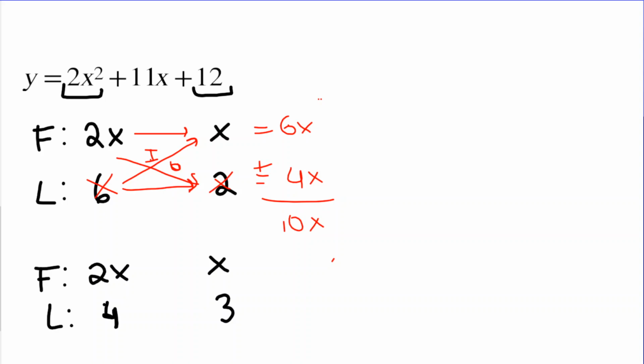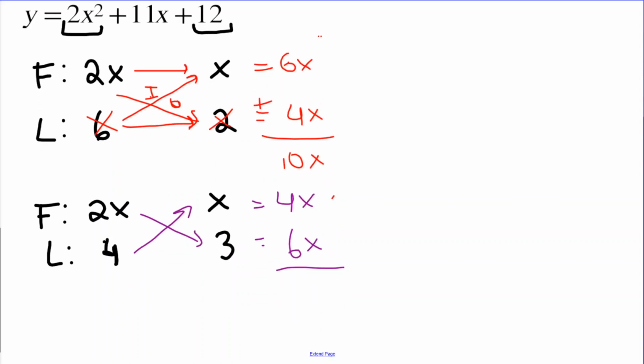And then the diagonals, 4 times x is where we're going to get that inside. 2x times 3 is where we're going to get that outside. I'm going to get a 6x. Again, this time we end up with a 10x.